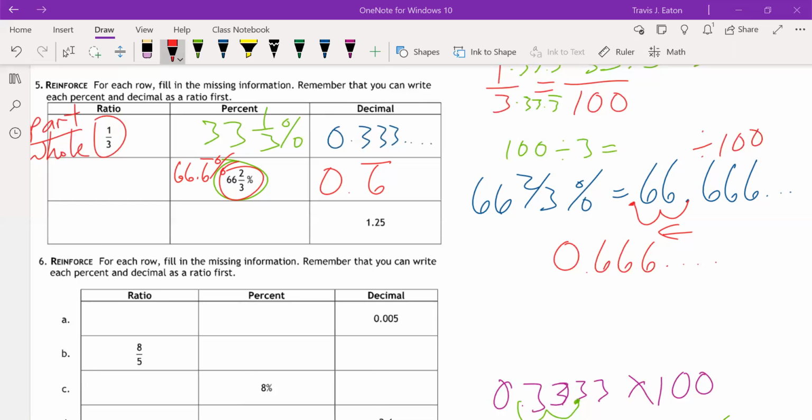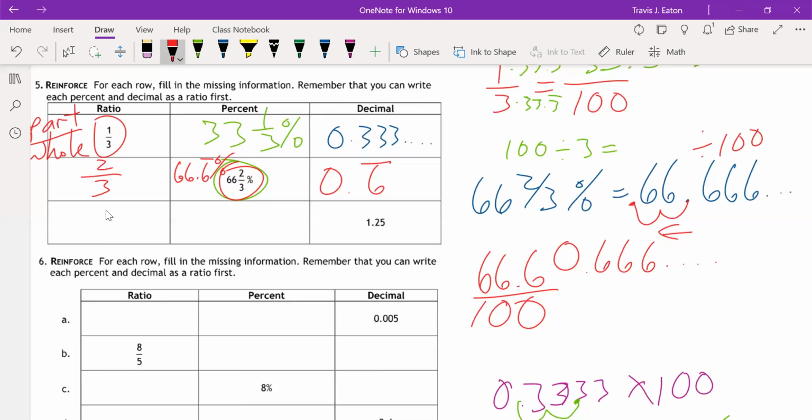Now, since that is a percent, we know that this is going to be 66.6 and so on out of 100. Now, if we were to reduce this down, simplify it into its most simple form, it would come down to, let's see, that would be 2/3.